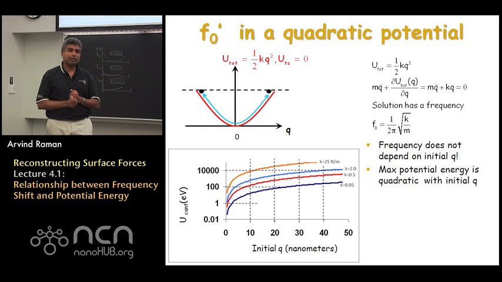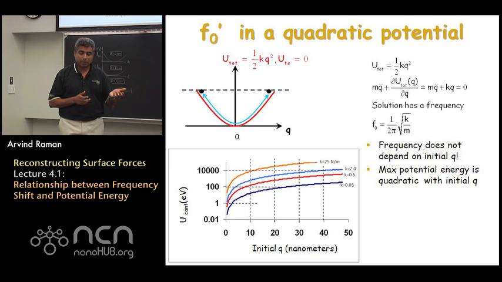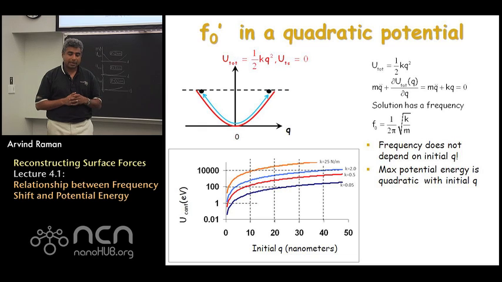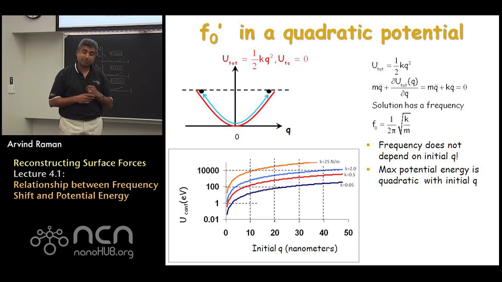Now, to give you an idea about what is the total potential energy we're talking about in typical AFM probes, what I've plotted out here is a measure of the total maximum potential energy contained in an oscillator, which is U_cant, as a function of the initial displacement Q in nanometers for various kinds of cantilever stiffnesses, ranging from very soft to very stiff.